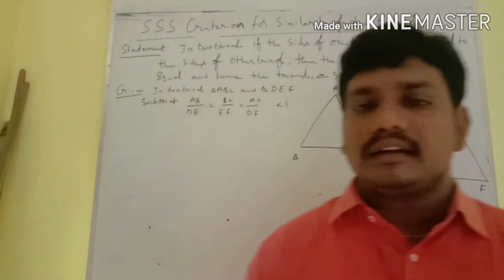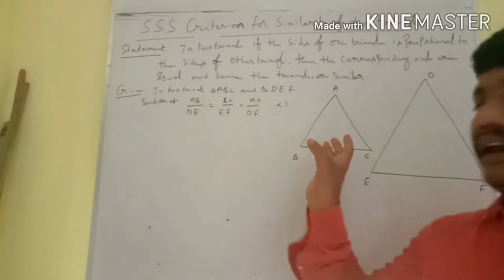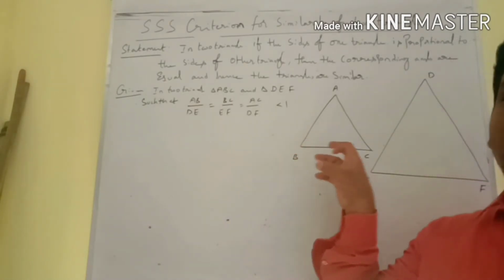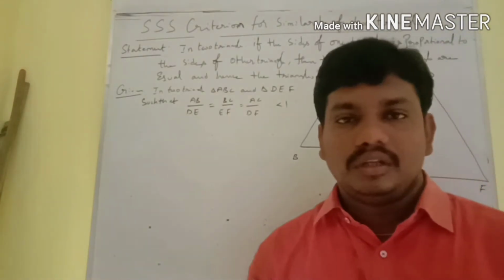This is called the scale factor being less than 1. A scale factor less than 1 indicates that the first triangle is smaller when compared to the second triangle, but both are similar to each other.